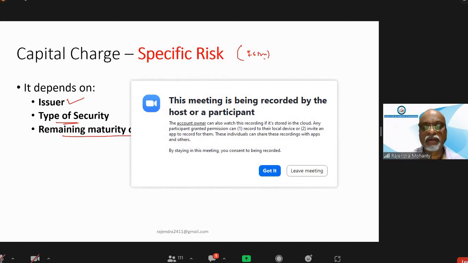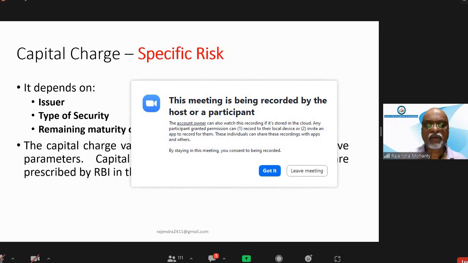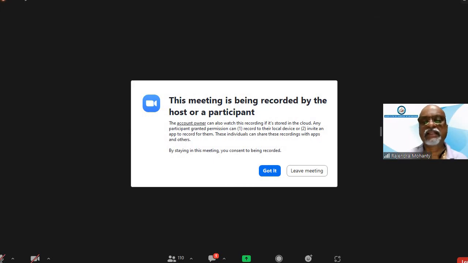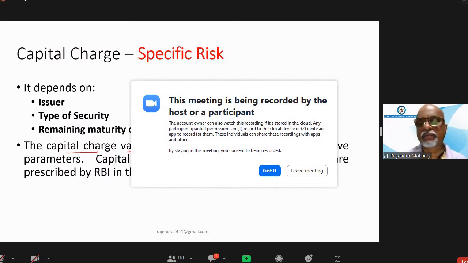This we know, we can see from the time band how many years are left, which is called remaining maturity. Based on this, the specific risk capital can be calculated. So the capital charge varies from 0 to 100% based on the above parameters. How much will be calculated will vary from 0 to 100%.